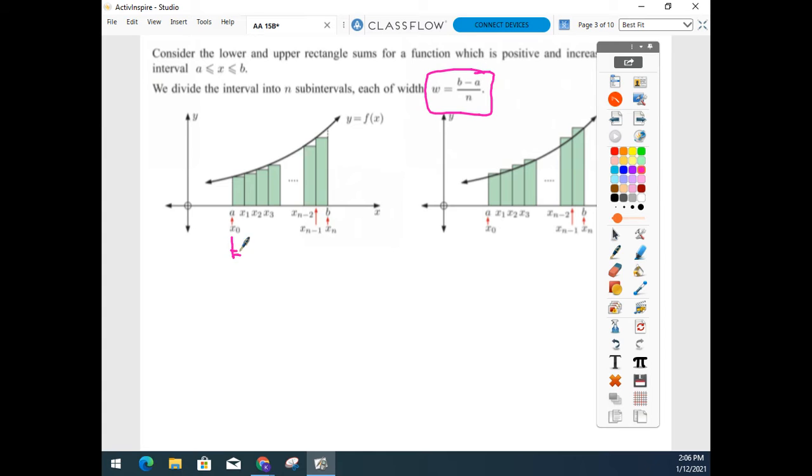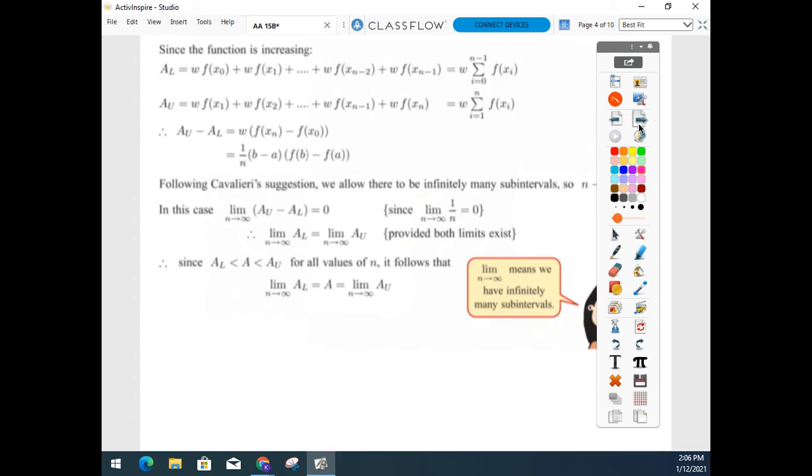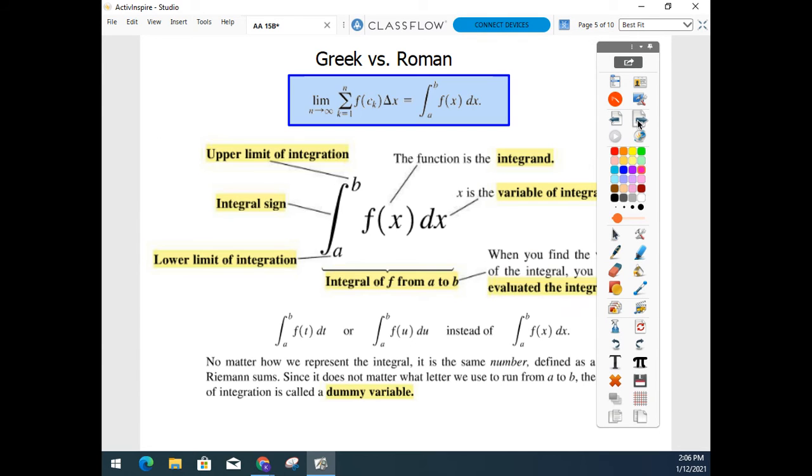We're going from here to here, divided by n, the number of subintervals. And then it gets into this nice, long, complicated expression. But if we send the number of intervals to infinity, we're going to have a formal definition of the integral.